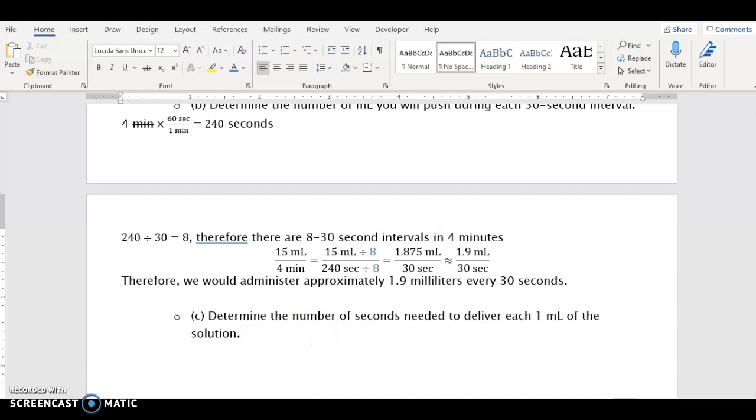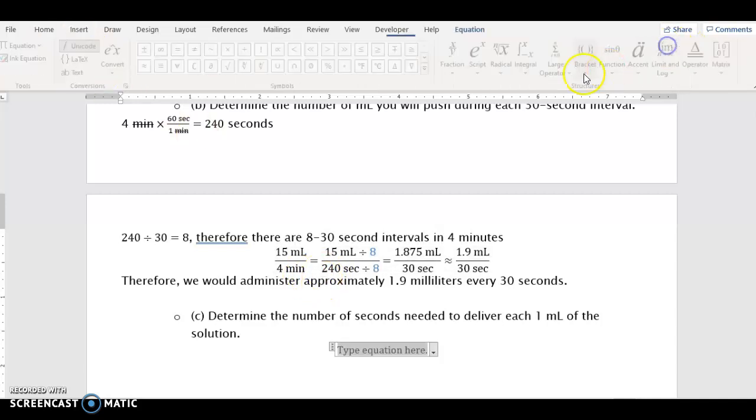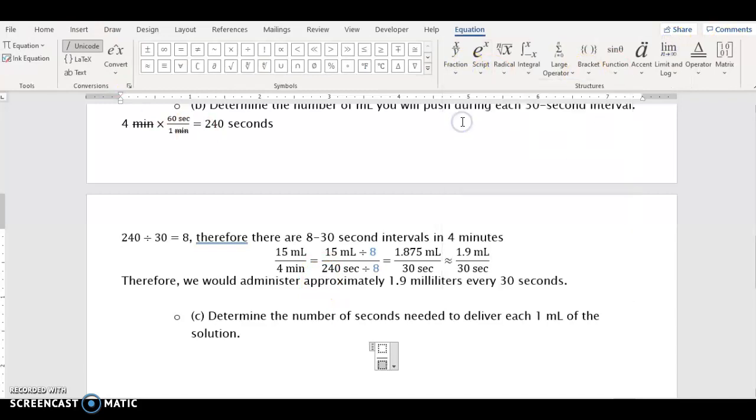This isn't as tricky as it sounds. We know we're supposed to administer 15 milliliters over 4 minutes, and we know that 4 minutes is equal to 240 seconds. So we take the total number of seconds, which is 240, and divide by the number of milliliters.